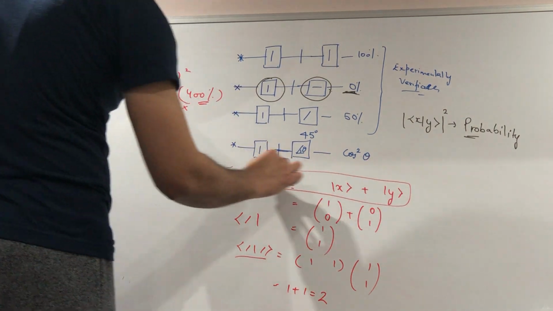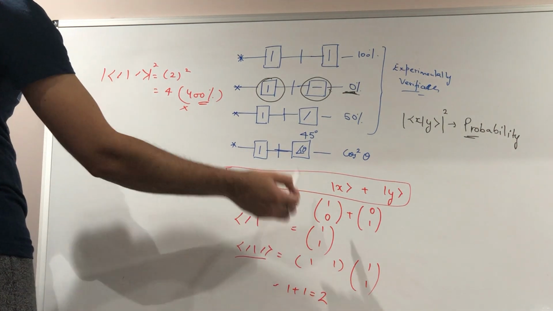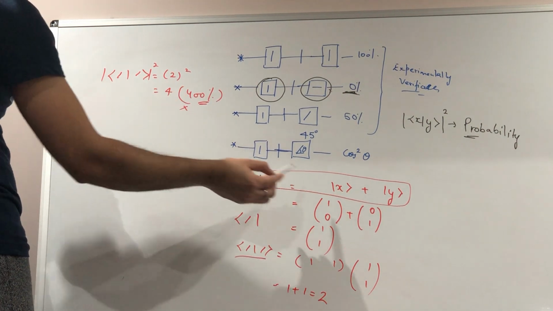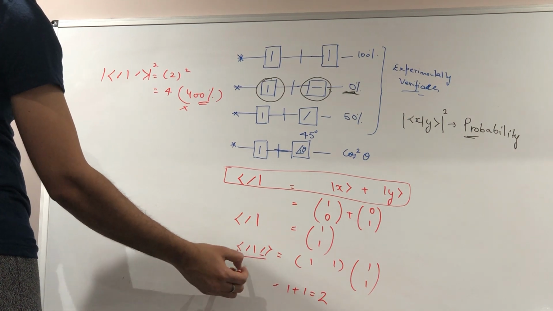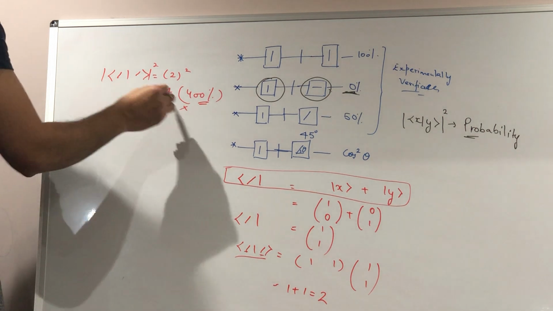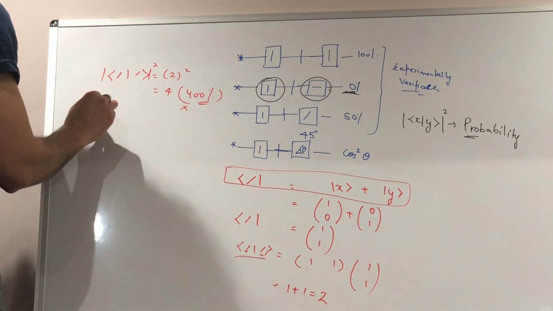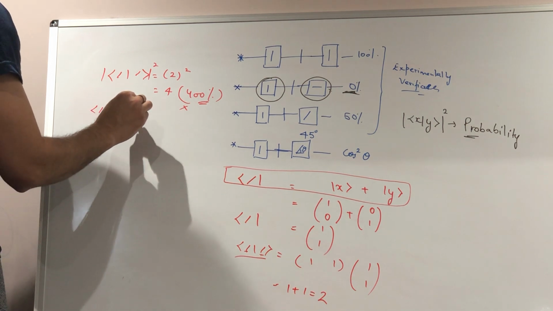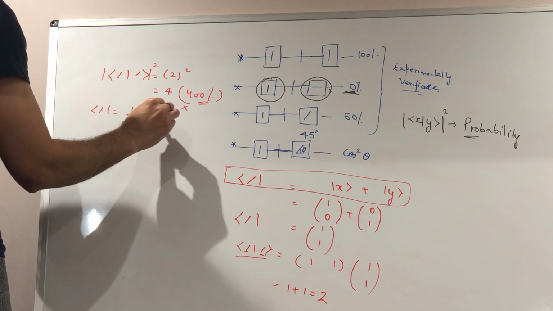I have to write down the state in such a manner that when I get the output, there will be 100% chances, because I am preparing the polarizer in this state and passing it through the polarizer which is along the same axis. So I will multiply this state by 1 over root 2.